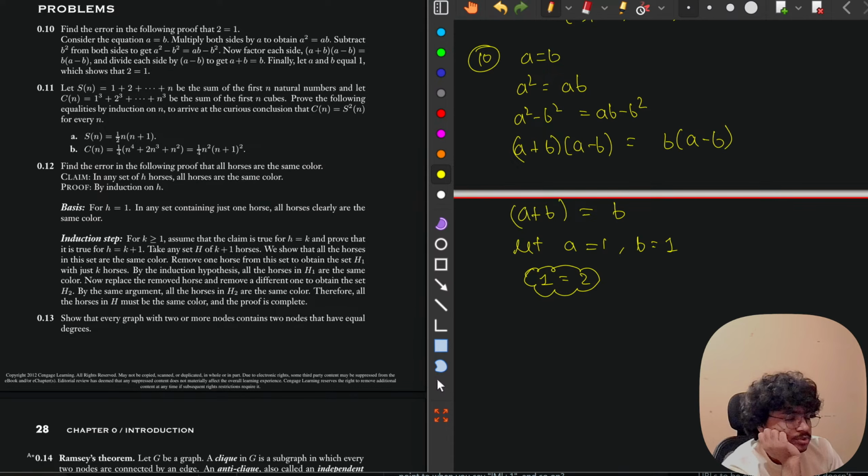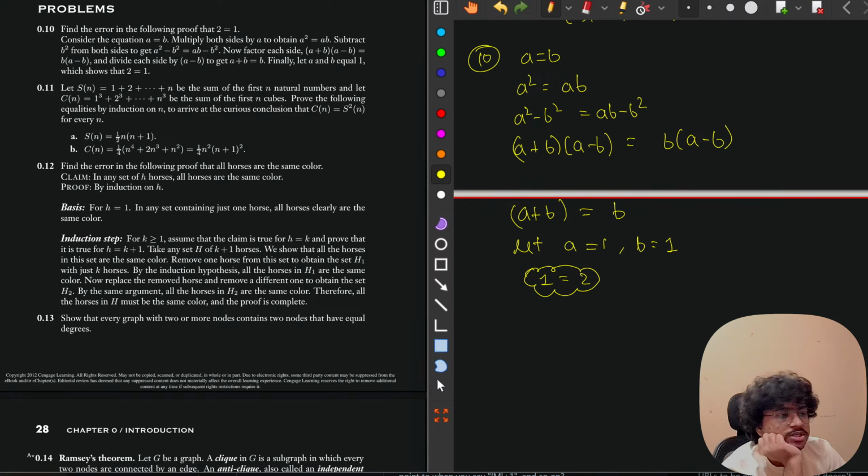When you are dividing both sides by A minus B, can you actually confirm that it is not going to be divided by 0? It can be divided by 0, right?